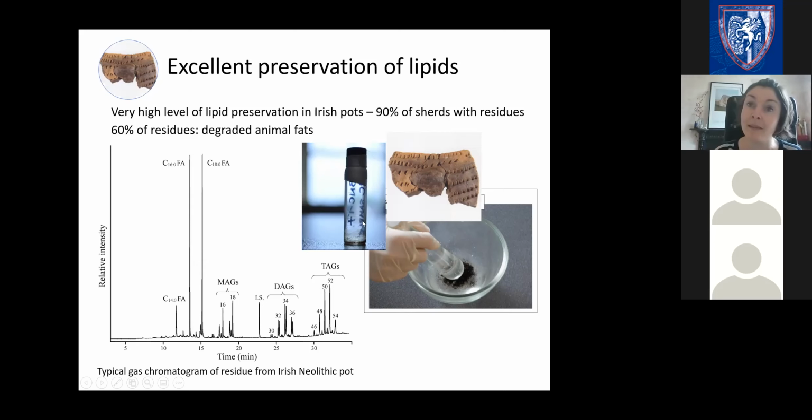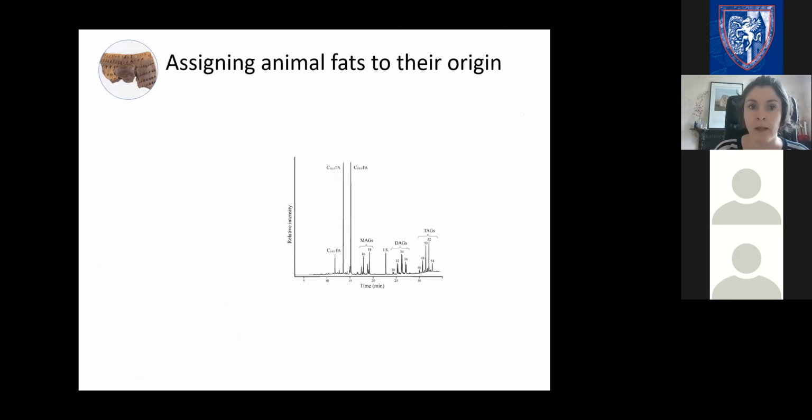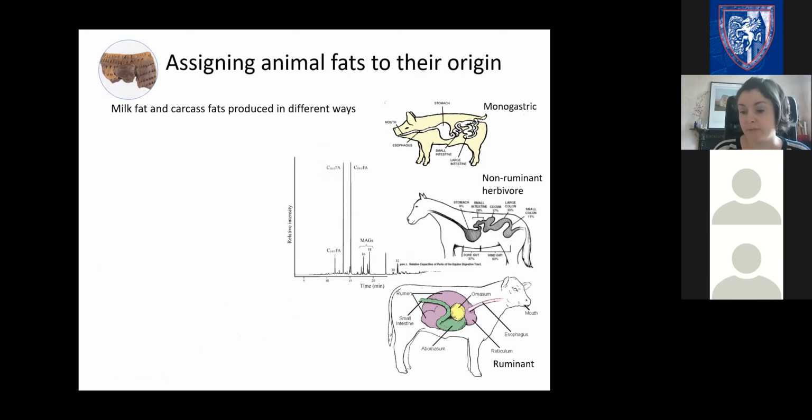But every now and again, the lipid was so concentrated that it did become visible. In this vial you can hopefully see little rings of lipids clinging to the vial walls, which tells you it's a very rich sample.